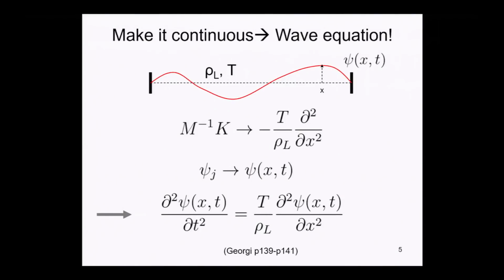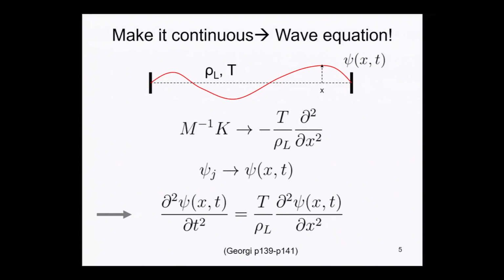When we go to a continuous limit, we found that something really interesting happens. The M^-1 K matrix, originally an infinite by infinite dimensional matrix, becomes an operator, which is minus T over rho L, partial squared over partial x squared. Also, I changed the notation here. It was A_j, and I changed it to psi, because we are going to use it later when we describe wave functions, especially in AO4.